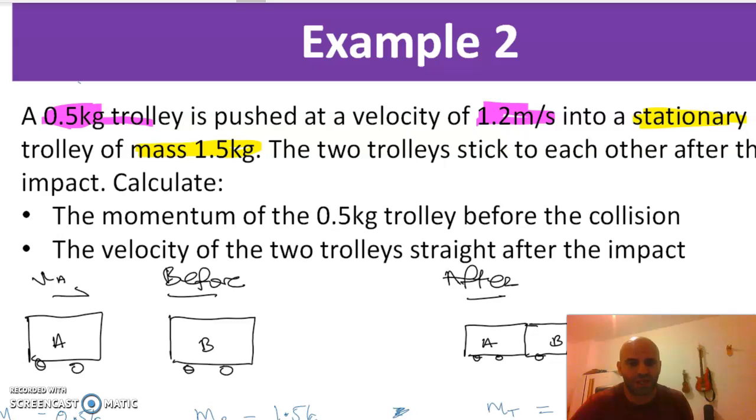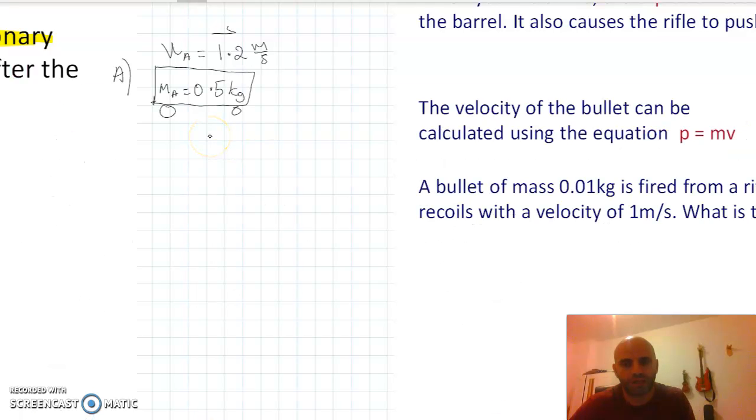First of all, they want us to calculate the momentum of the 0.5 kilogram trolley before the collision. So let me just do that separately. To calculate the momentum of that first trolley, and I'm going to call it trolley A, first of all, make sure you're drawing a picture. Okay, so the momentum of A is going to be the mass of A times the initial velocity of A. And again, this is all before the collision.